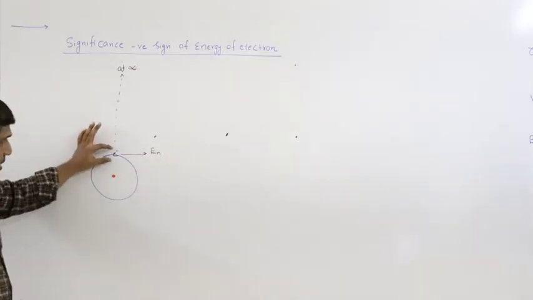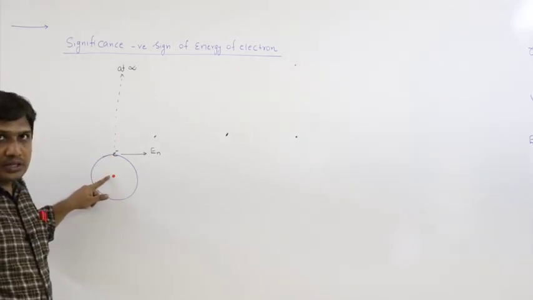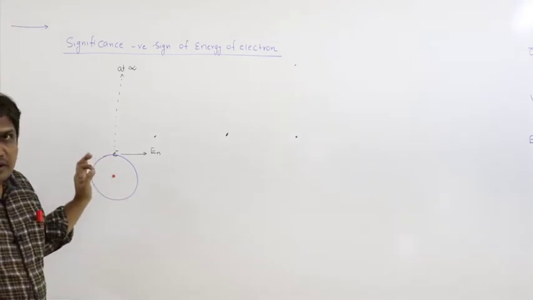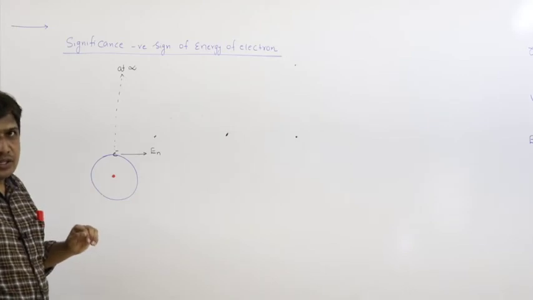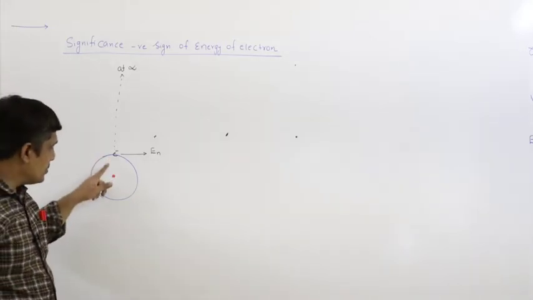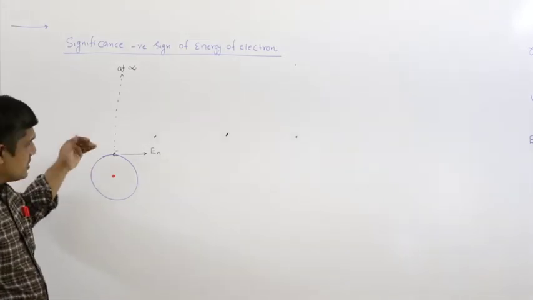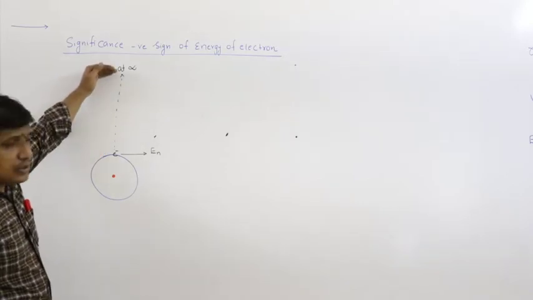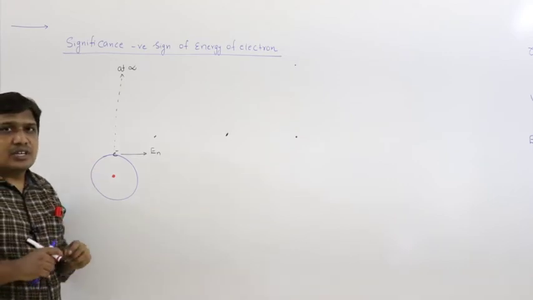Here the electron is under the influence of the nucleus. Between the nucleus and the electron there exists an attraction force, because the nucleus is positively charged and the electron is negatively charged. To remove the electron, I have to supply energy to overcome this nuclear attraction. I have moved the electron to a point where the nuclear attraction force is 0.